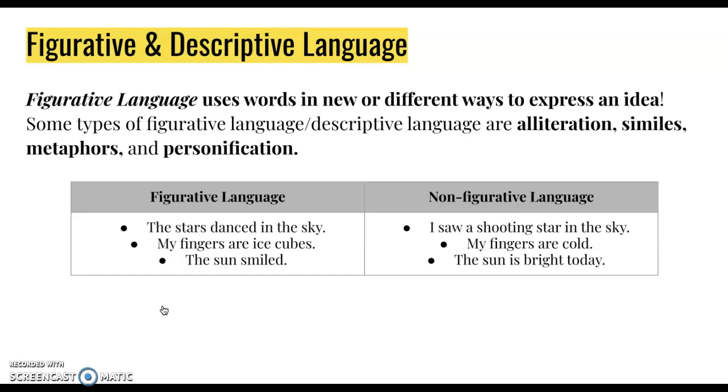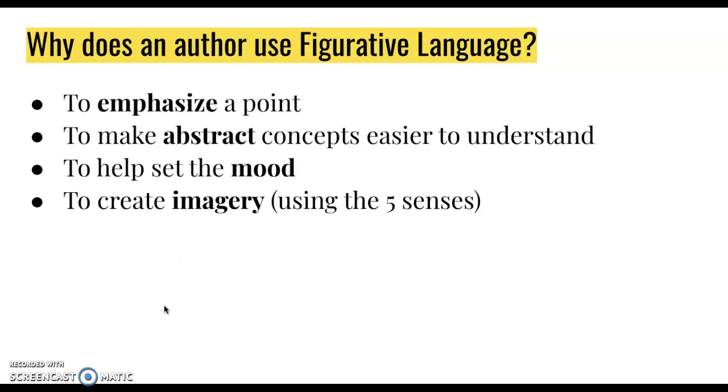So figurative language: the stars danced in the sky, or my fingers are ice cubes. The sun smiled. Non-figurative language examples are: I saw a shooting star in the sky. My fingers are cold. The sun is bright today. See, not as expressive. There's not really anything to compare it to.